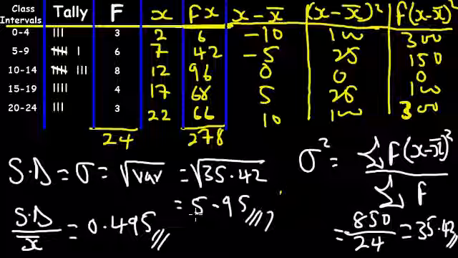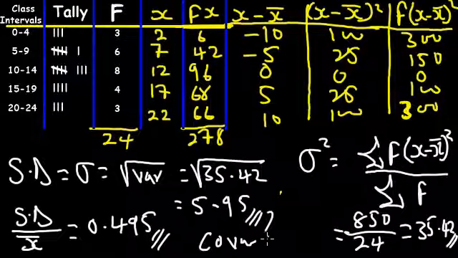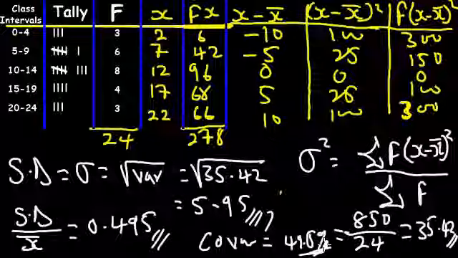Now for the coefficient of variation, the goal is just to multiply your result by 100. So 0.495 times 100 gives 49.5%. So the coefficient of variation, often written as CV, is equal to 49.5%.